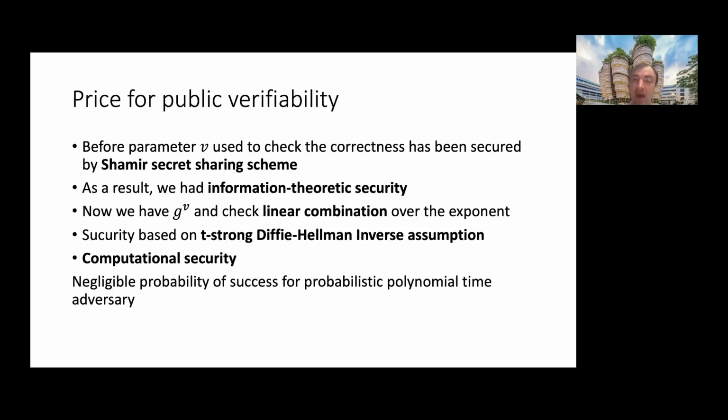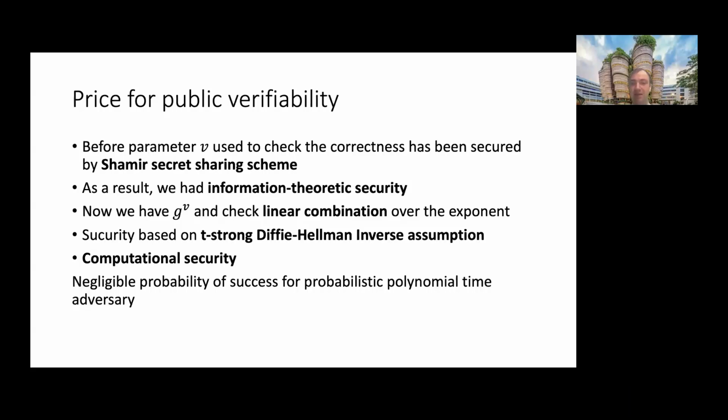Before, we held the parameter v in secret by ourselves, and now we outsource g in power v, making it publicly available, so everyone can check the correctness of our protocol. And before, the correctness check was secured by the Shamir secret sharing scheme, because v was injected in the second query sent to the servers, and queries were generated using Shamir secret sharing.